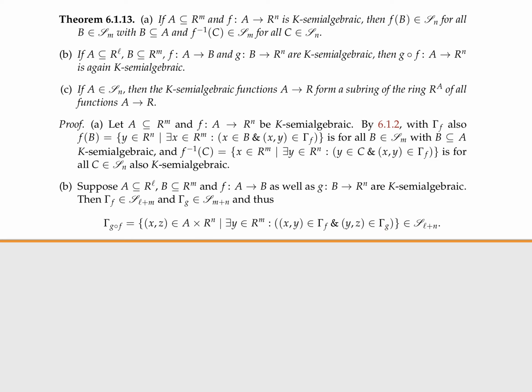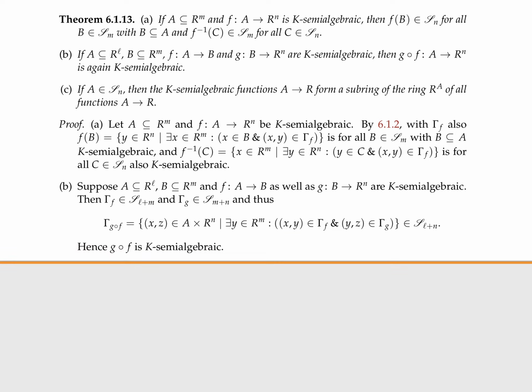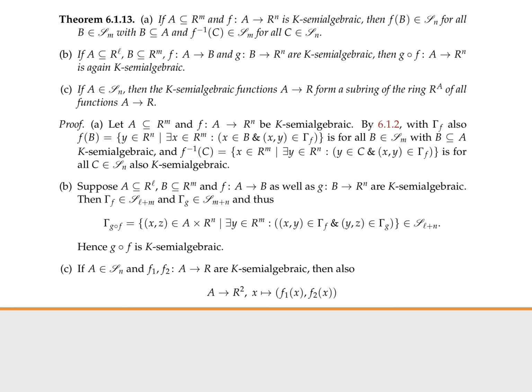And so it's again with quantifier elimination, respectively, with the fact that projections of such a K semi-algebraic set are again K semi-algebraic, I see again that this composition is K semi-algebraic, and K semi-algebraic functions form a subring here.